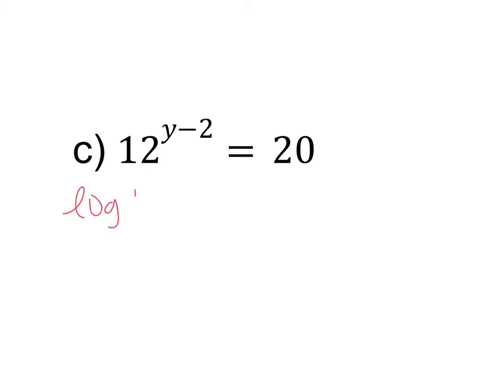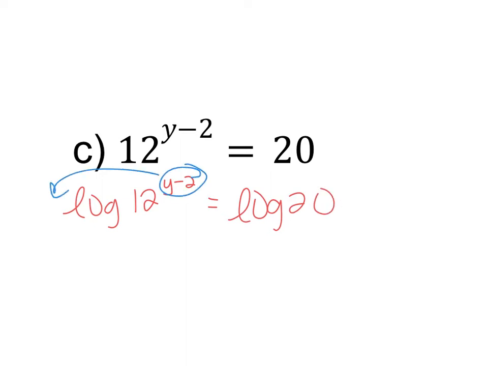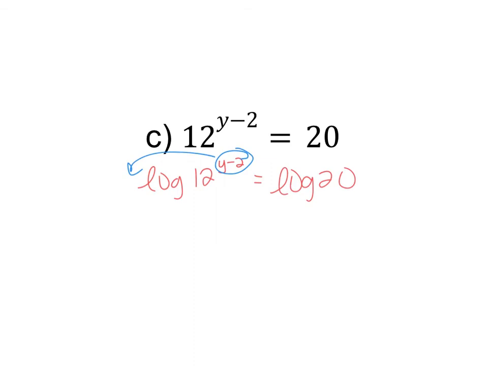So the log of 12 to the y minus 2 equals the log of 20. Bring your exponent, and yes, it's a binomial, that's fine, we'll be all right, out front. So this is going to be in parentheses since it's a binomial. y minus 2 times the log of 12 equals the log of 20.